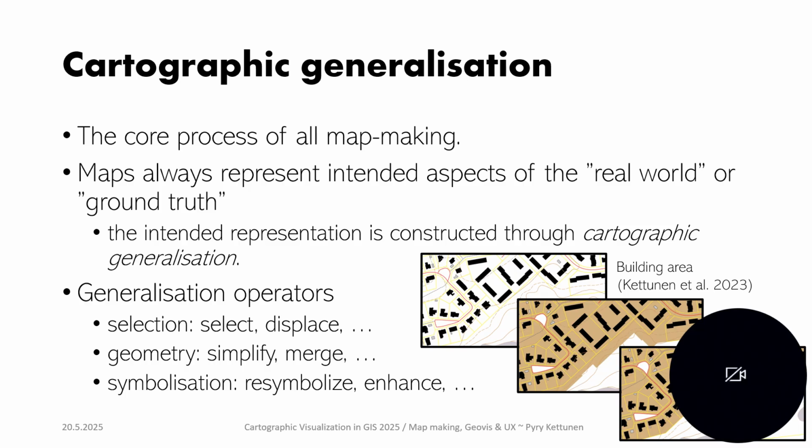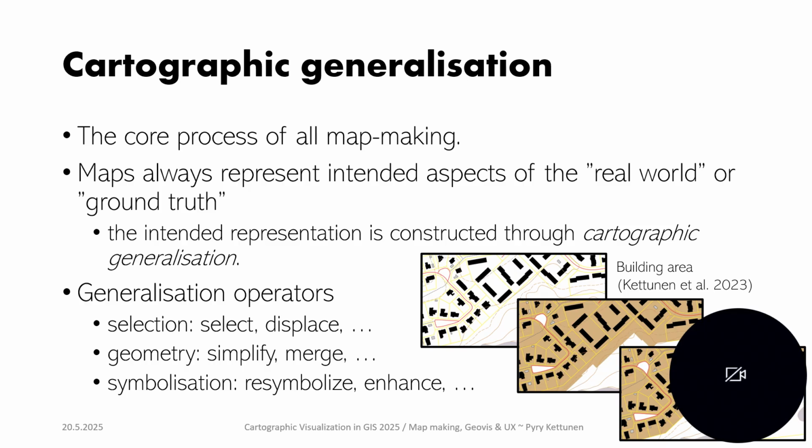That representation is made by cartographic generalization for every map, in fact. And we have a wide set of generalization operators to use that we find in typical GIS software. Most importantly, and for that reason first in this list, selection. Simply selecting which features we want to show and which not.